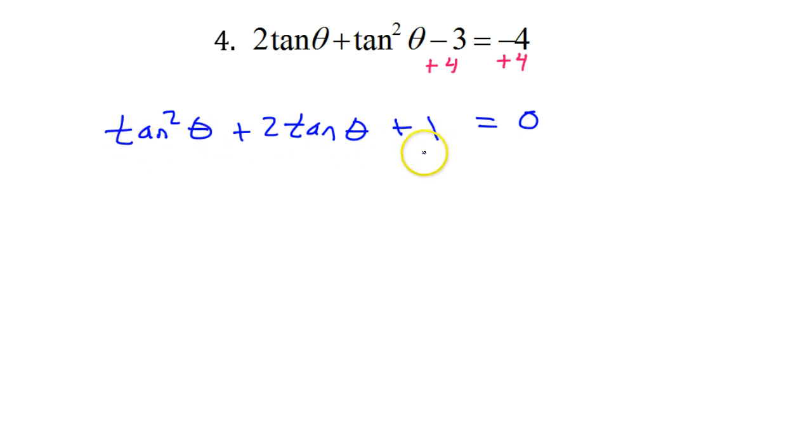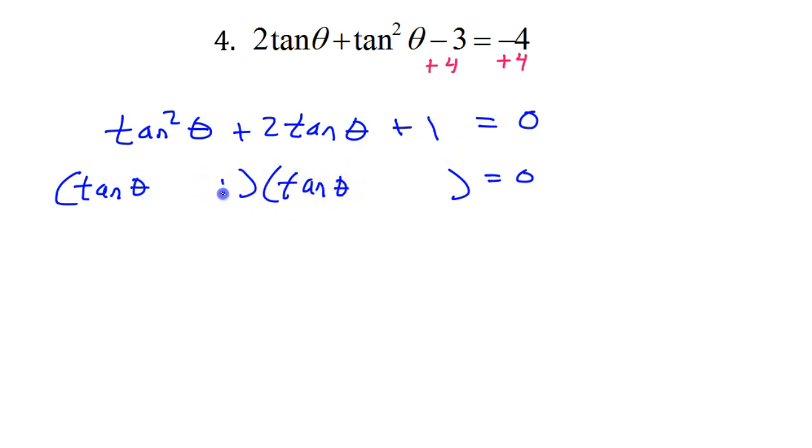Now, I've got this trinomial, so just like I did on the previous problem, I'm going to go ahead and try to factor this. Tangent squared theta can only be tangent theta times tangent theta. 1 can only factor as 1 times 1. Now, inner plus outer must equal middle.